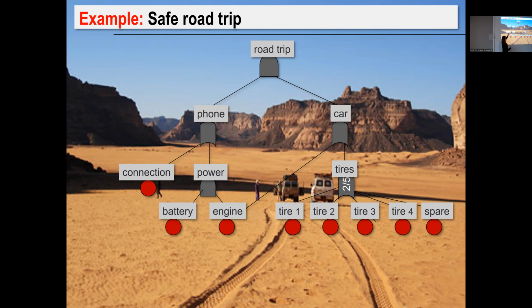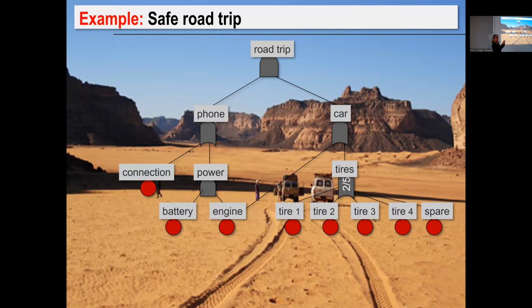Either your connection can fail, or you can be out of power. So this is an OR gate. And your power failing is again an AND gate, because the battery of your phone could be empty. However, if your engine is still working, you can use the engine of your car to power up your phone.